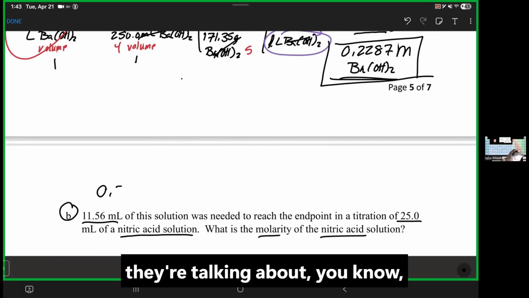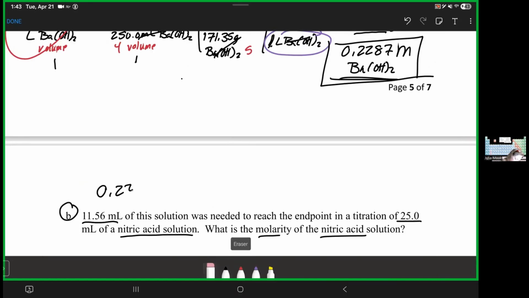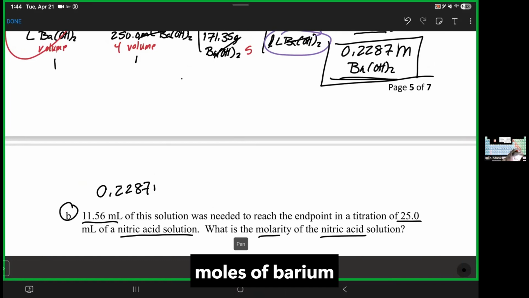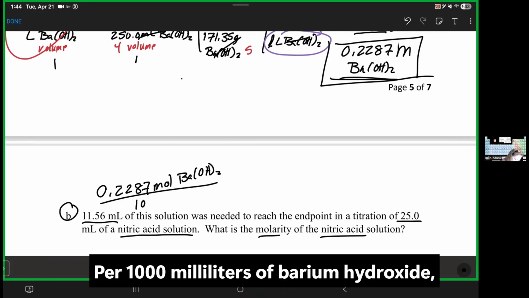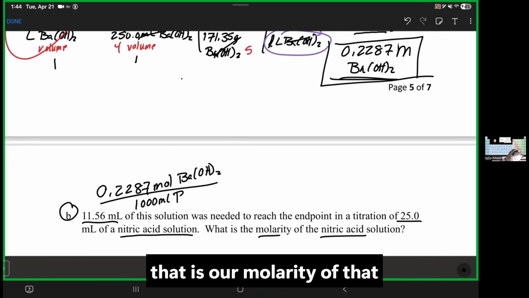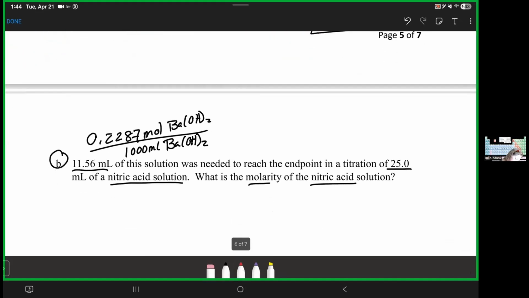We have the 0.2287 moles of barium hydroxide per 1,000 milliliters of barium hydroxide. That is our molarity of that solution.